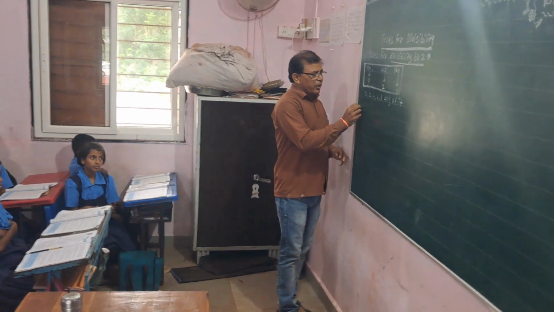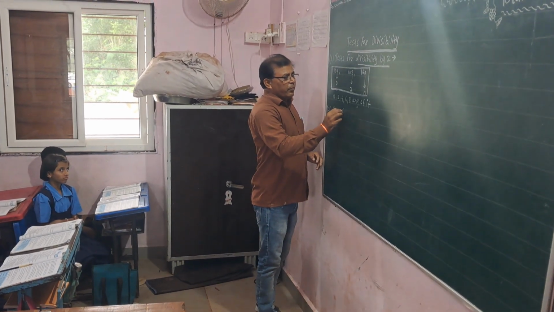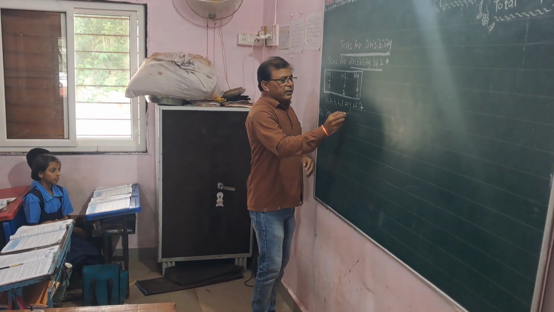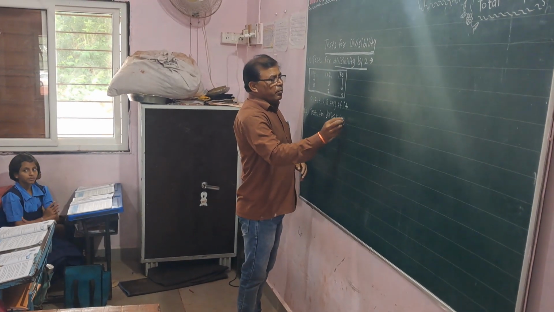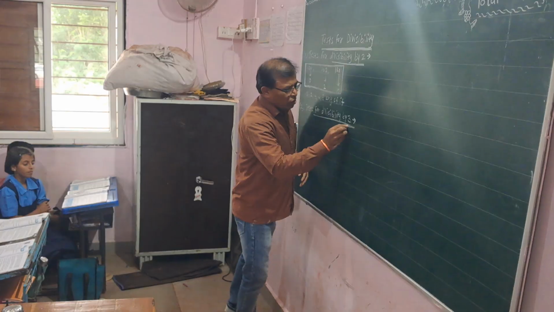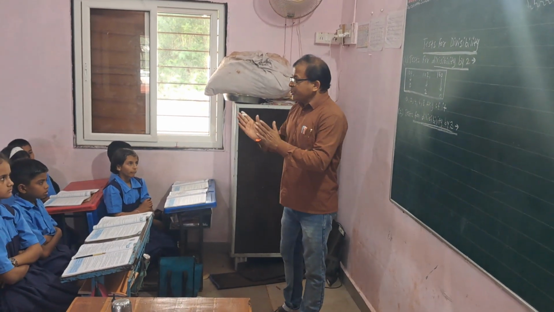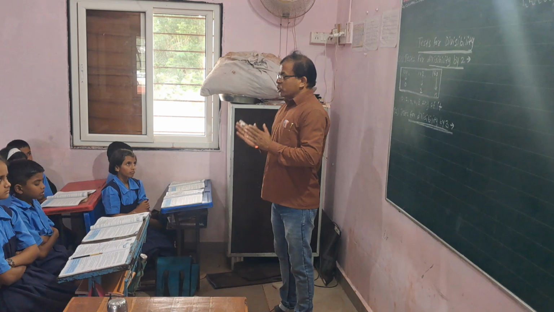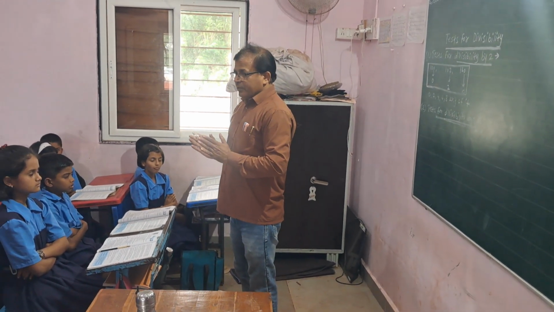Now, here is test number 2, test for divisibility by 3. In this test, focus on addition of digits. There is a difference between number and digits.